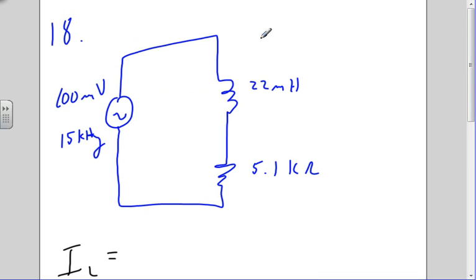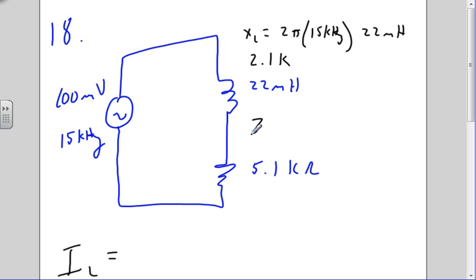All right, so first thing we're going to do is find what X sub L is: 2 pi f L. So, 2 times pi times 15K times 220 millihenry gives 2.1K.